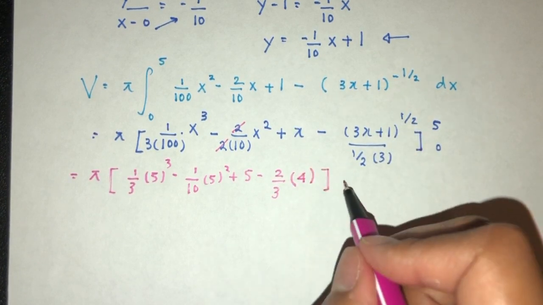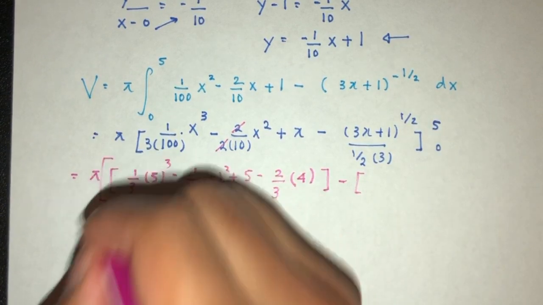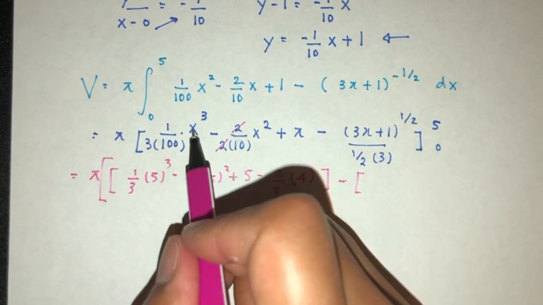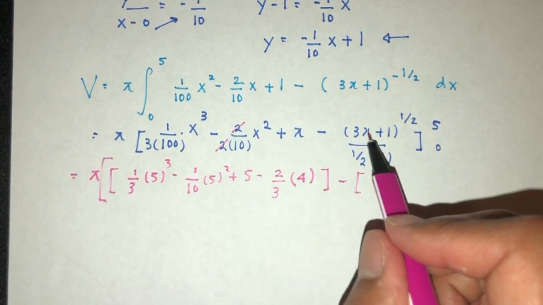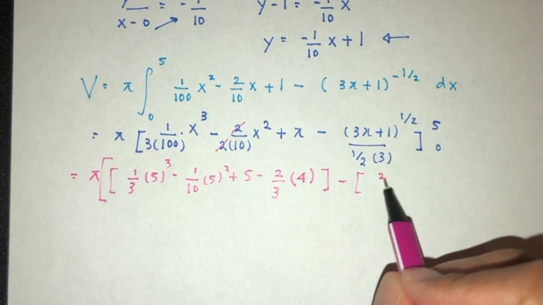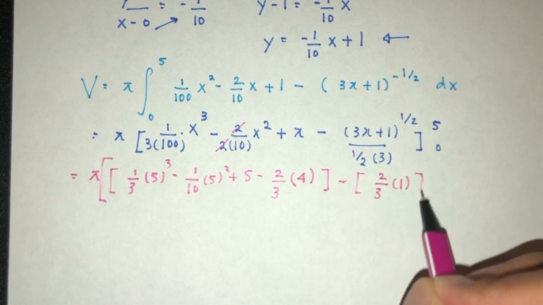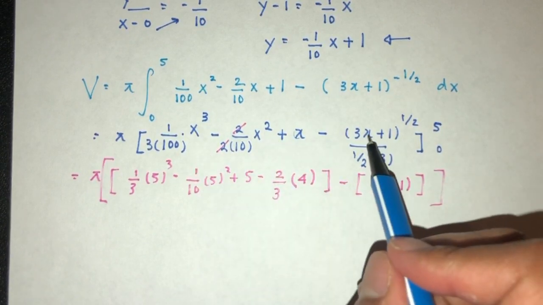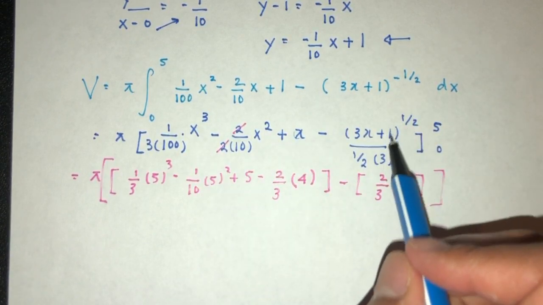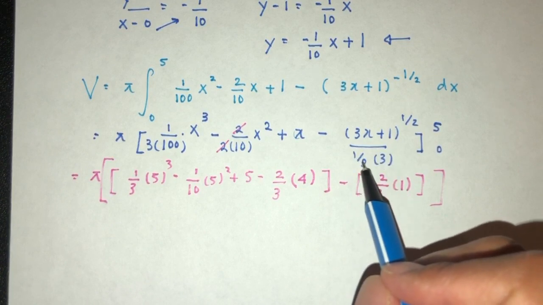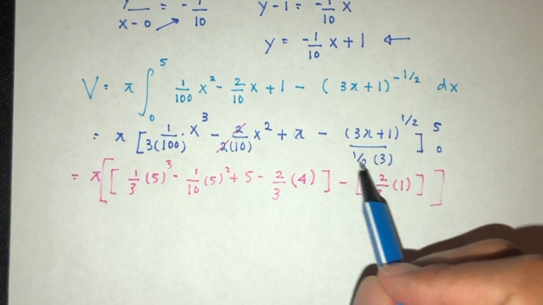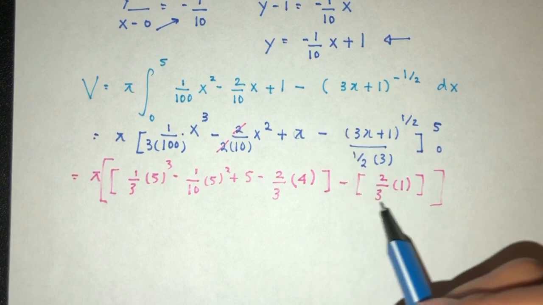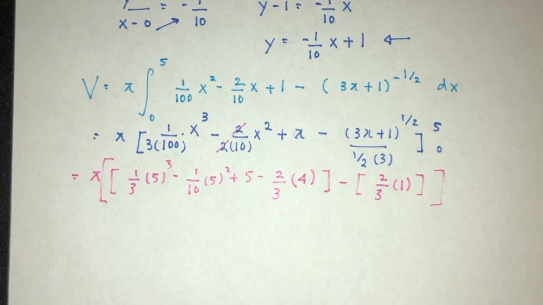That is the first part. Then minus, when it is 0, that should be 0 here, 0 here, 0 here, and that will be 2 over 3 times 1, right? Because here that will be 0, 0, 0. Here that should be 1. 1 power half is 1, over the value of, so that will become 3 over 2. So when you divide by 3 over 2 it becomes 2 over 3.